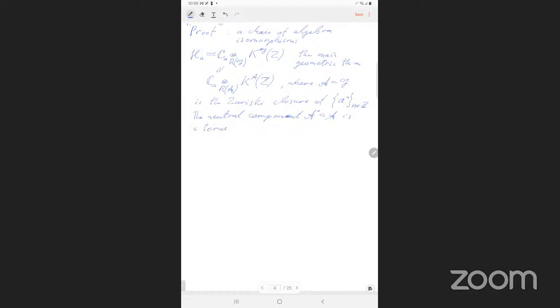but not necessarily one-dimensional. If this element A is irrational enough, wild enough, it can generate the whole Cartan torus. For a general element of the Cartan torus, it will generate the whole torus.